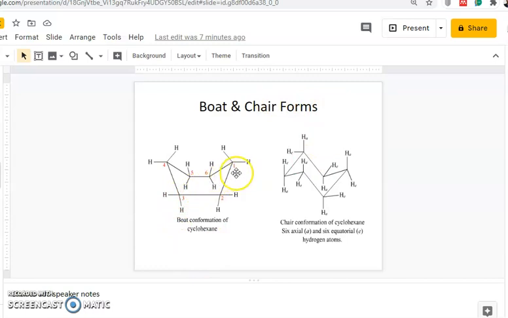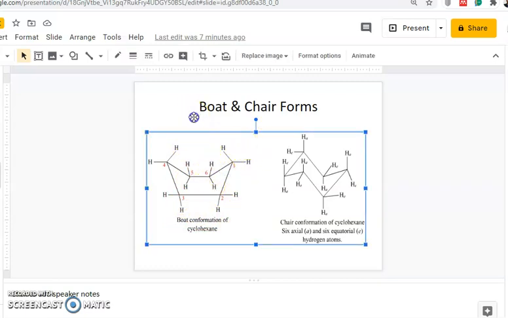You can see there are 6 carbons, numbered 1, 2, 3, 4, 5, 6, and each carbon is attached to 2 hydrogens, so this molecule is C6H12, cyclohexane. This molecule is arranged just like a boat, which is why this form is called the boat form.